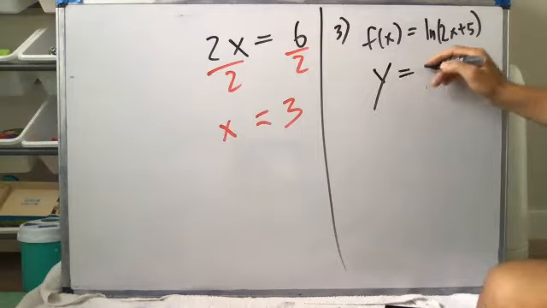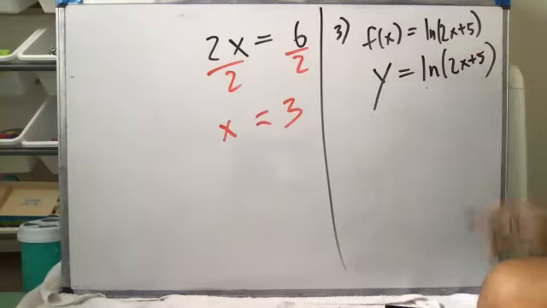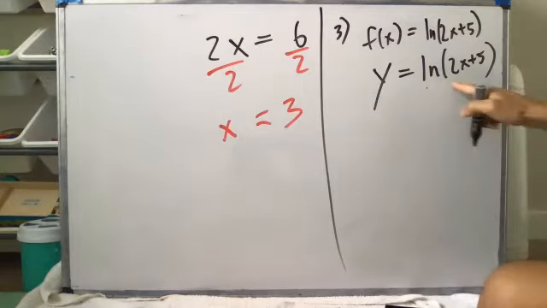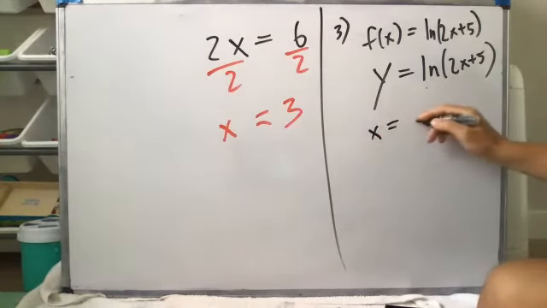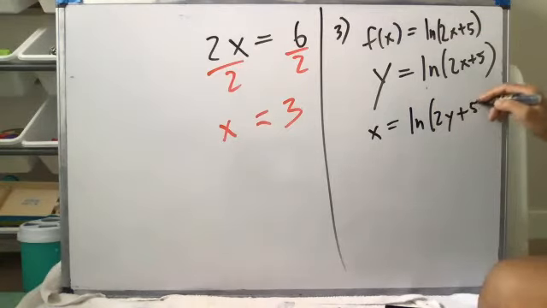So y is equal to ln of 2x plus 5. And then we switch x and y, so we get x is equal to ln of 2y plus 5. This is okay so far?